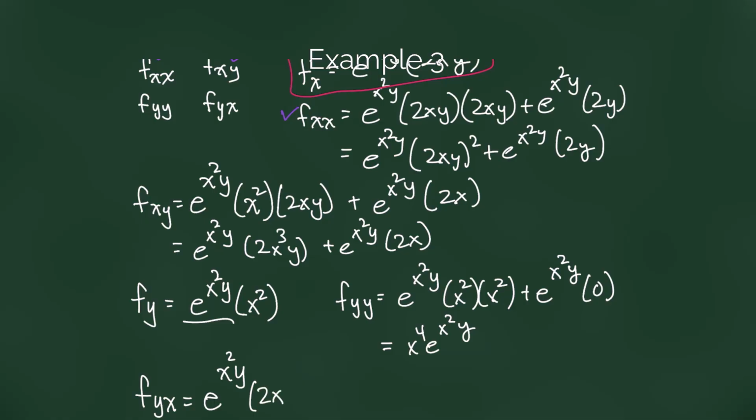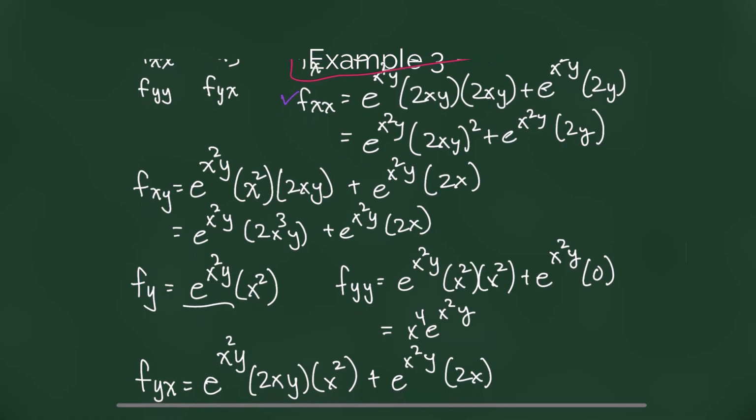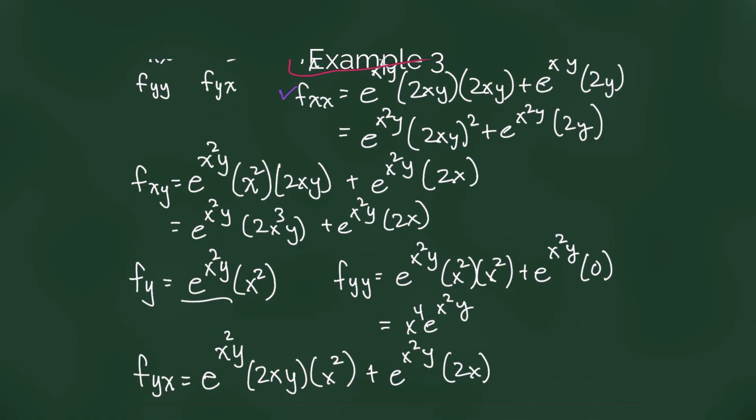So I'm going to get 2xy times the second function, plus the first function repeats, and I multiply by the derivative of the second, which is 2x. And notice Clairaut's theorem applies here. If we look back at our f sub xy right here, and my f sub yx, they are in fact the same.